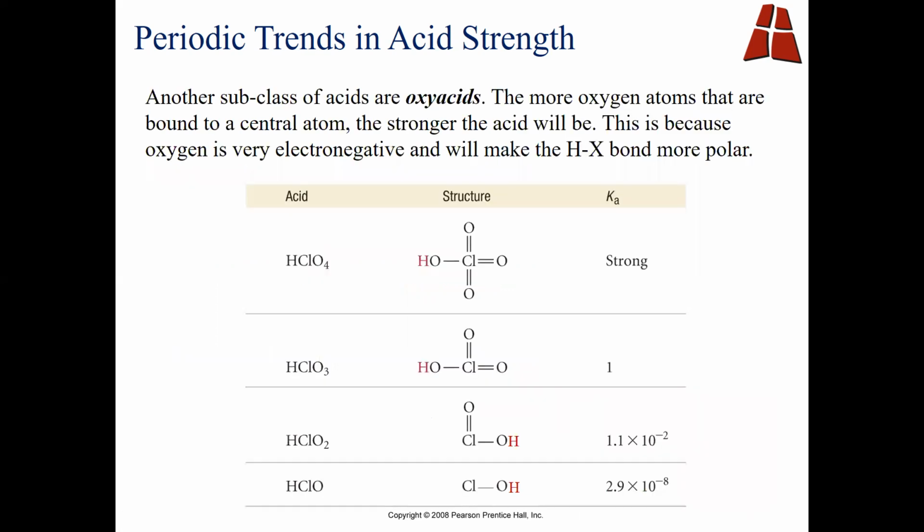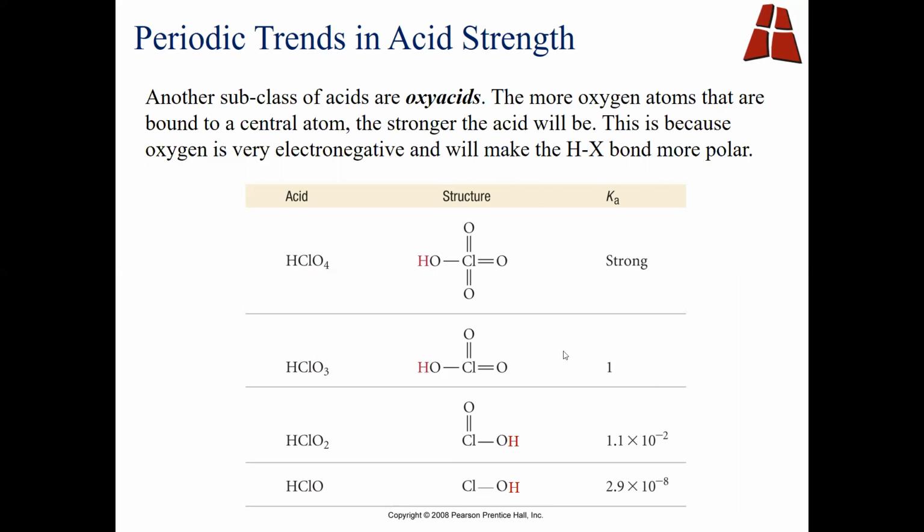Okay. Another trend that we can think about in acid strength is the formation of oxyacids. So I have the chlorine oxyacids shown here as an example where essentially the more oxygens we have, the stronger our acid becomes. The Kas are shown here. Perchloric acid, HClO4, is one of our strong acids, and so we say it doesn't have a Ka because it fully dissociates.